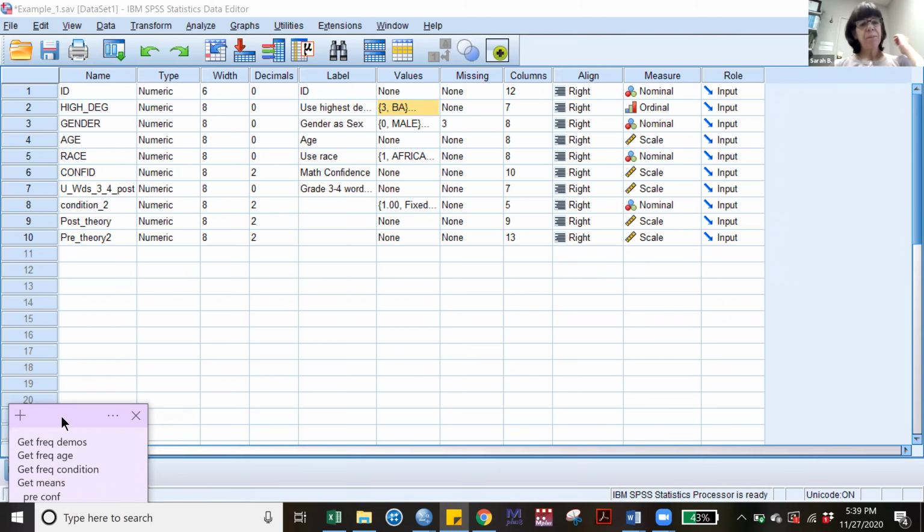This is supposed to be random assignment and balanced groups. So we're going to look under the condition to see if they're balanced groups. And what we did in this design is administer a pre-assessment on a theory of student ability and a post-assessment.